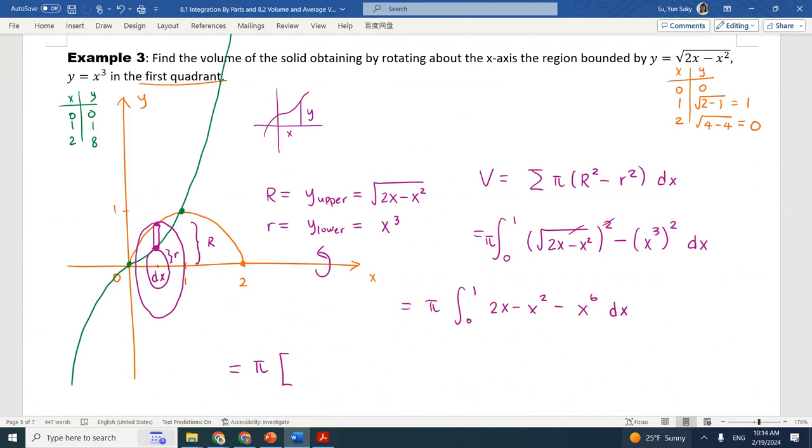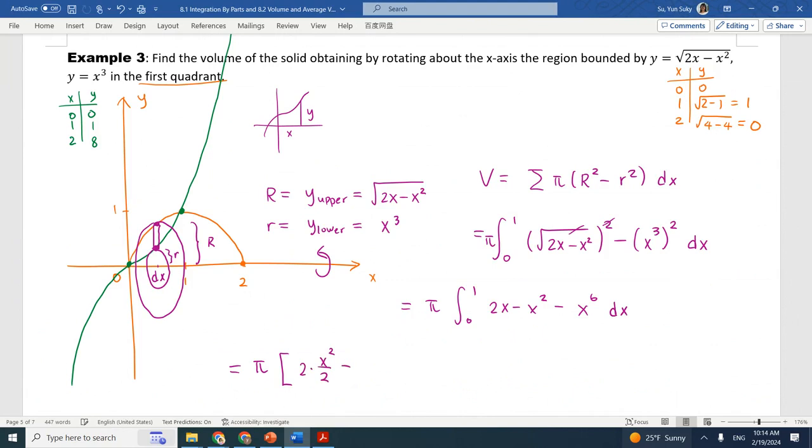So what's the integral of 2x? The power increases by 1, so x squared. Is it x squared over 2? Yeah, so 2 times x squared over 2.